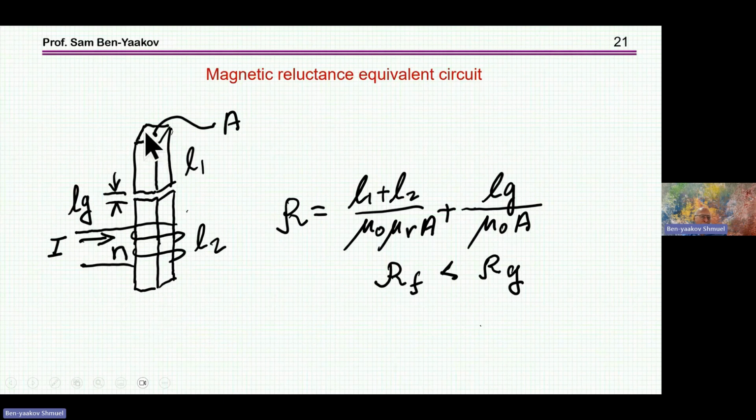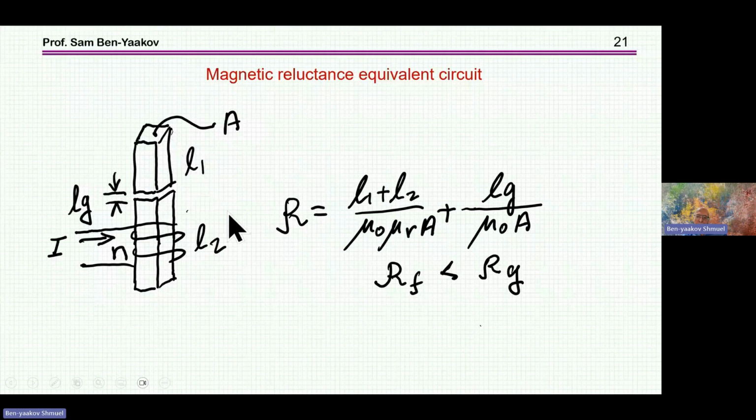If I have, say, a rod of ferrite with a gap, then the reluctance is defined as the length of the piece, here the total ferrite, L1 plus L2, divided by the total permeability times the cross-section area.